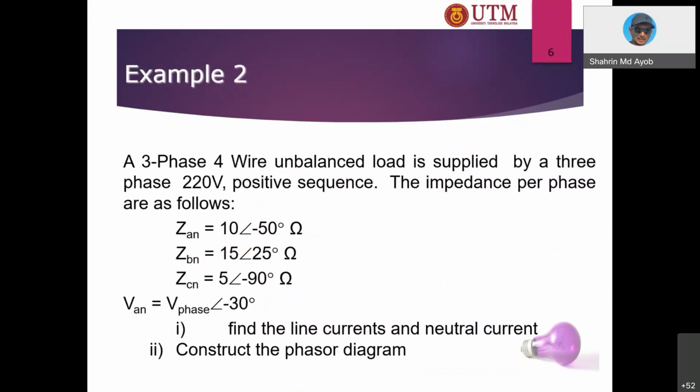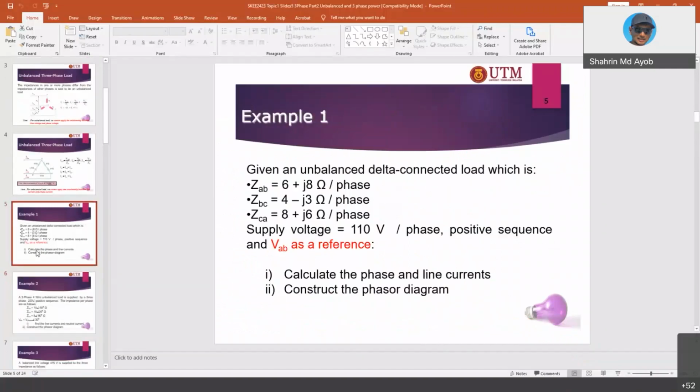Okay, example slide 5. Example 1, is it? Given an unbalanced delta connected load, which is ZAB, supply voltage 110 volt per phase, positive sequence, and VAB as a reference.